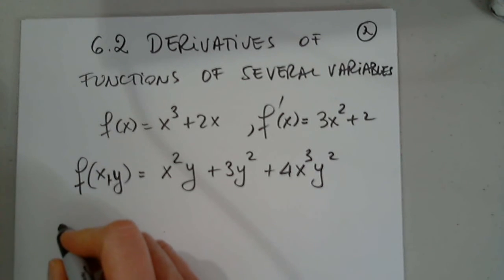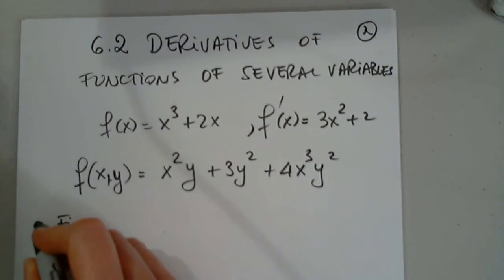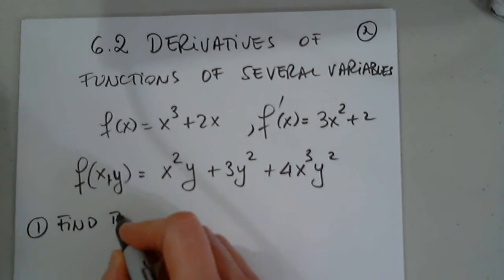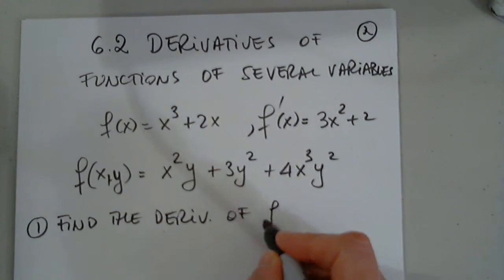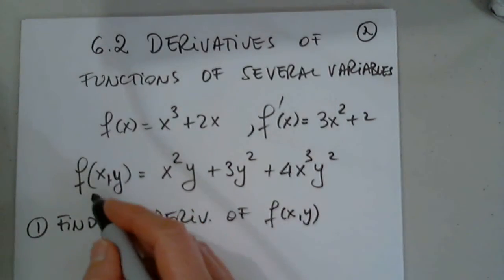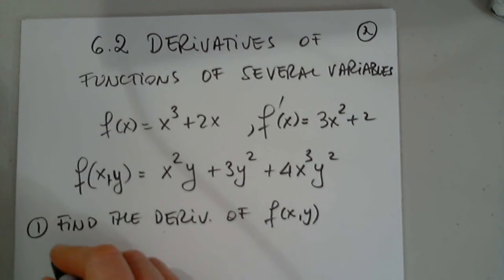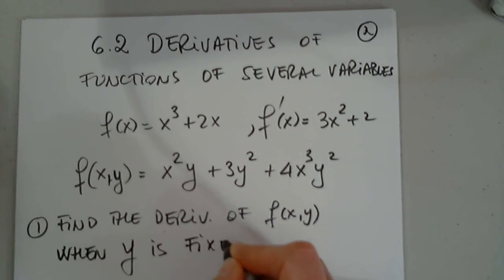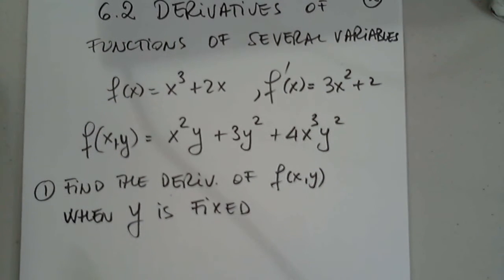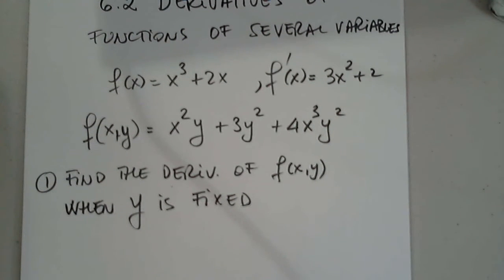So this is the first question: find the derivative of f of x comma y when y is fixed. Then I will differentiate with respect to x, but y is fixed.